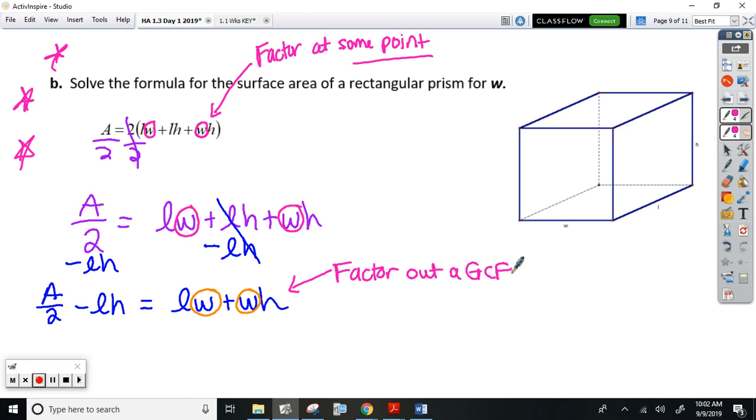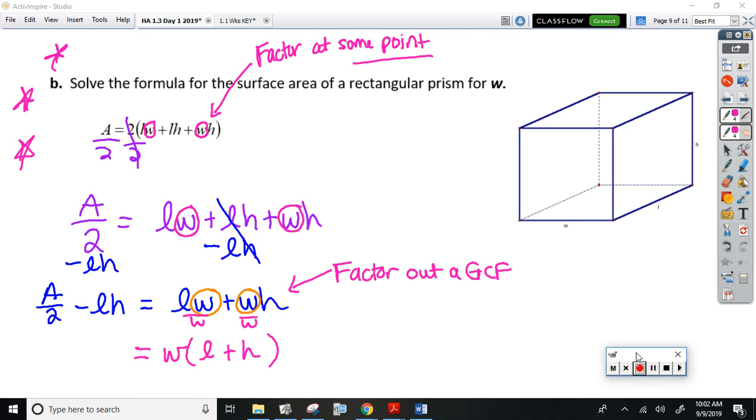And again, when you factor that GCF out, you're essentially dividing by W and putting it outside of a set of parentheses. So I'm not moving anything over yet, I'm just simplifying on my right-hand side. I would be left with W on the outside, and then L plus H on the inside. Double check, redistribute. W times L is LW, W times H is WH. So I haven't changed the value, I'm just changing the way it looks.